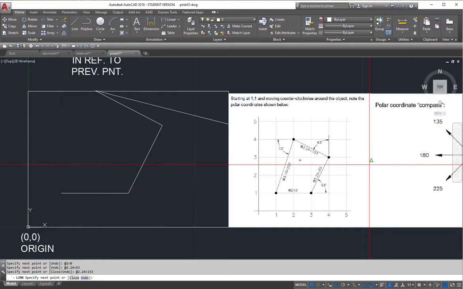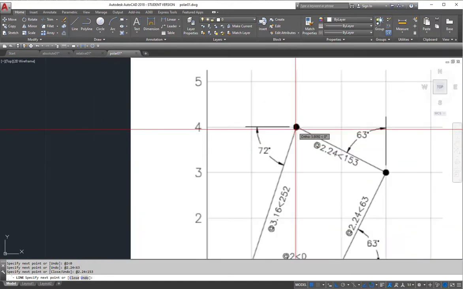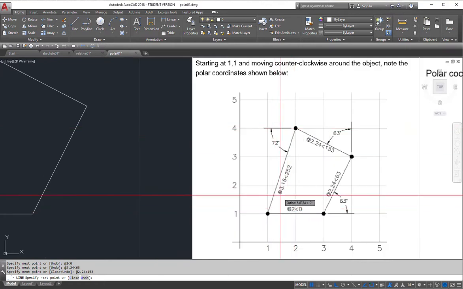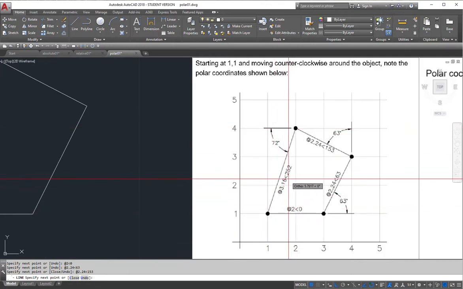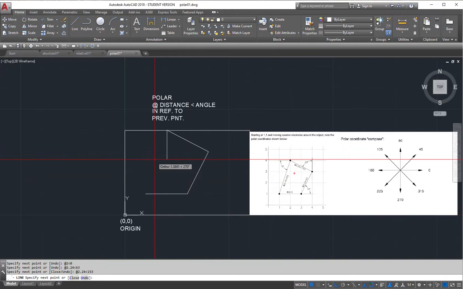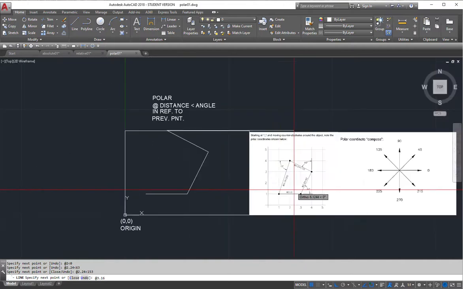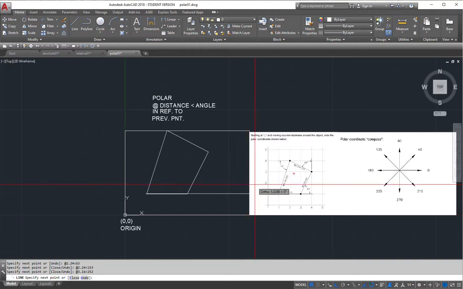The next point from here is going to be at, I can see right here, at my distance of 3.16 less than 252. So at my distance of 3.16 less than 252 degrees, and then I hit enter.